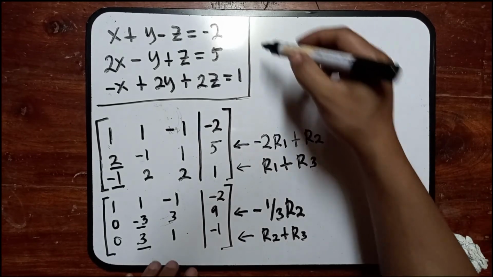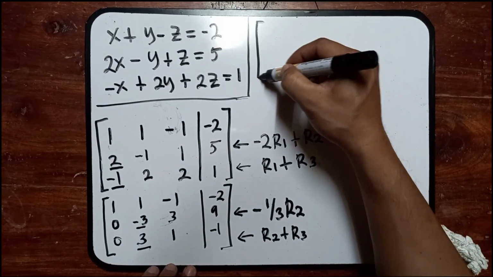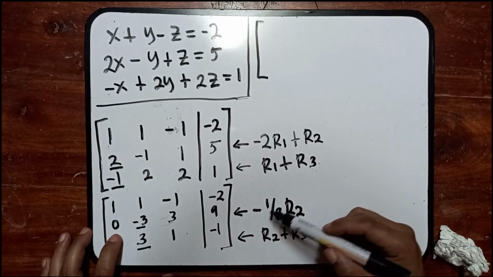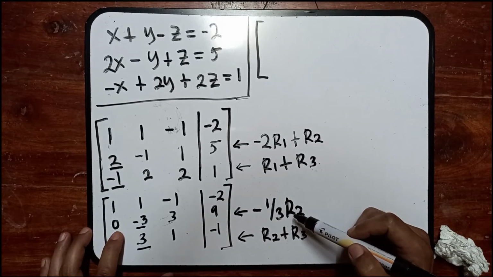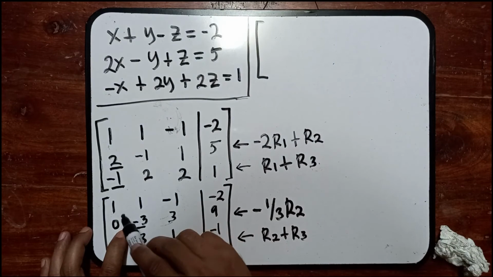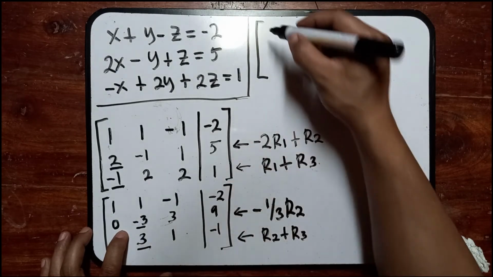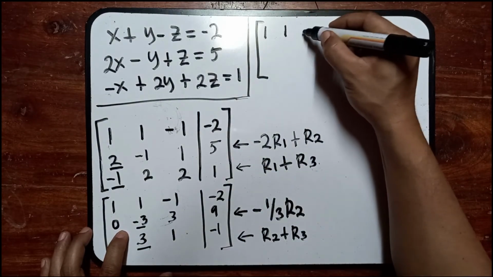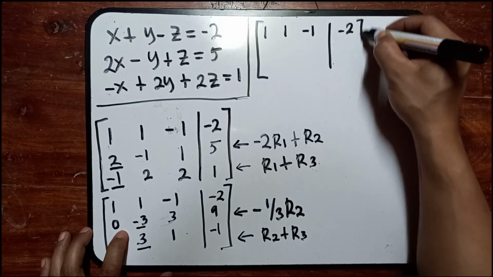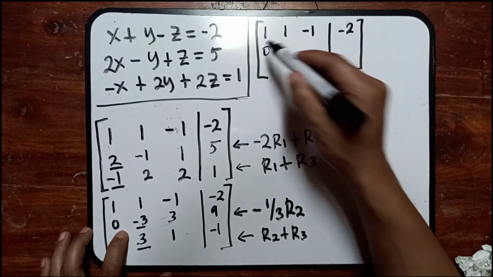So let's work on this. Let's write here the continuation. Negative 1/3 times R2. So this is 0. Any number multiplied by 0 will always be 0. But before that, we have to copy first everything from the top. 1, 1, negative 1, and then negative 2. And then from here we have 0.